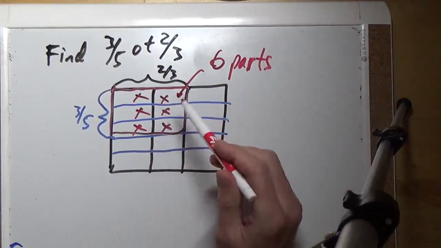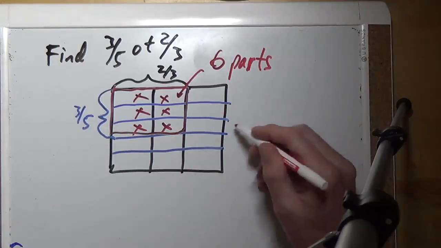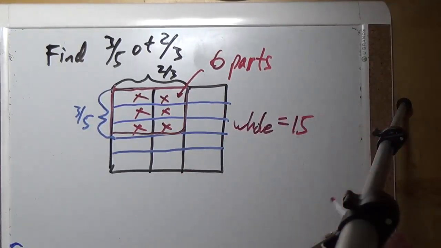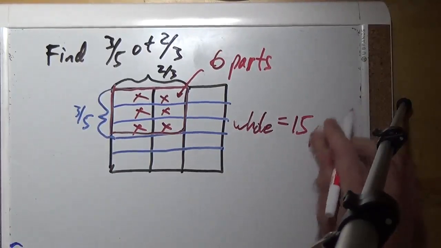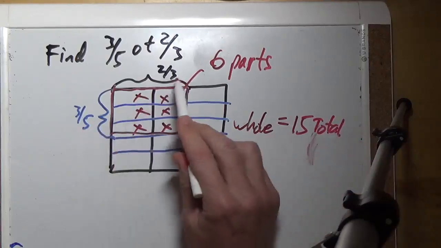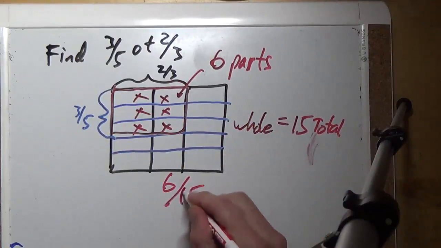Notice they're same size pieces of what's in the whole, and in the whole I have 15 pieces. Let me see, 15 total. So that means 3/5 of 2/3 is 6 of the 15.